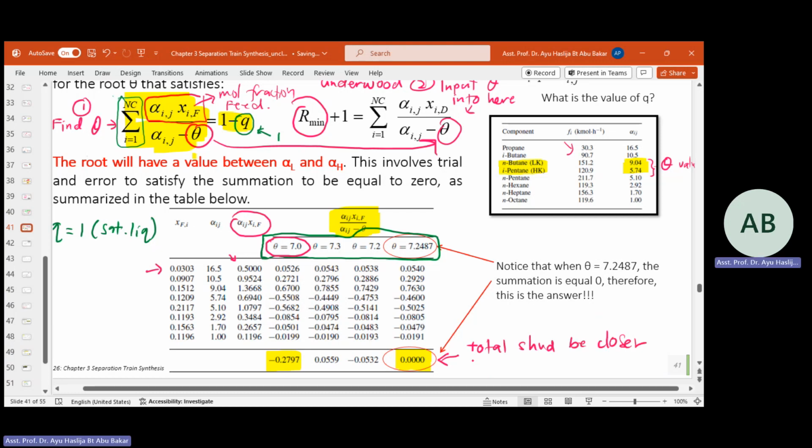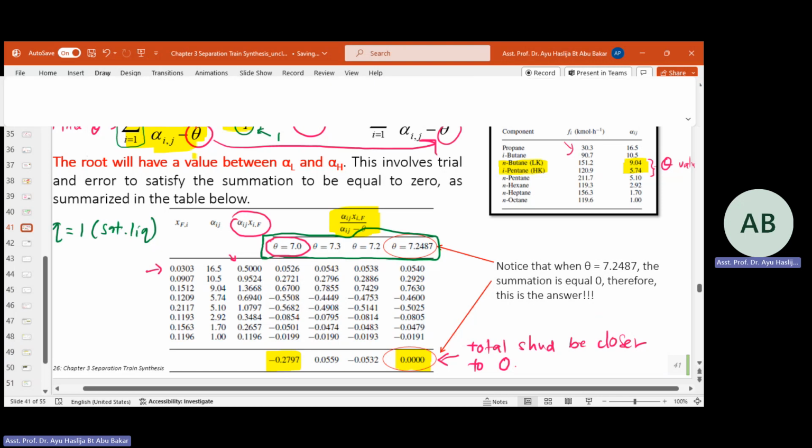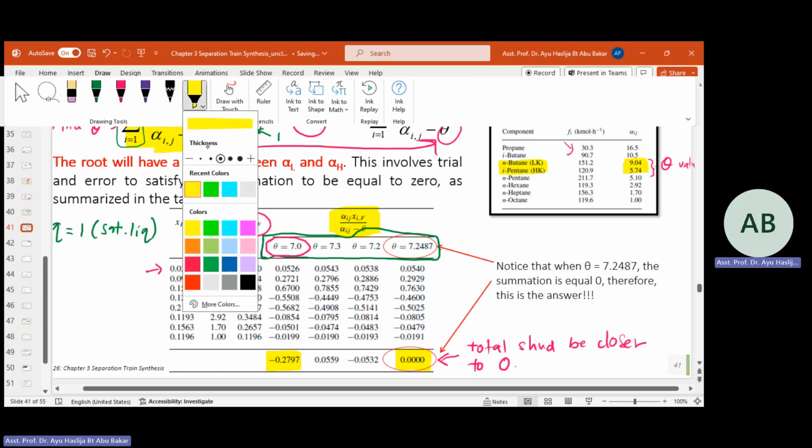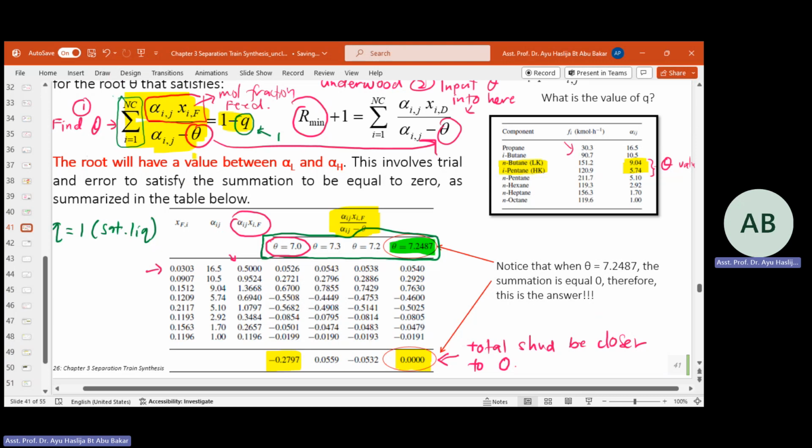Closer to 0, or if you can get 0, that should be excellent. Okay. So once you get the total approaching 0 or 0, that is your theta, the one that you should use in the equation. So this theta is the one you should use in the Underwood equation.